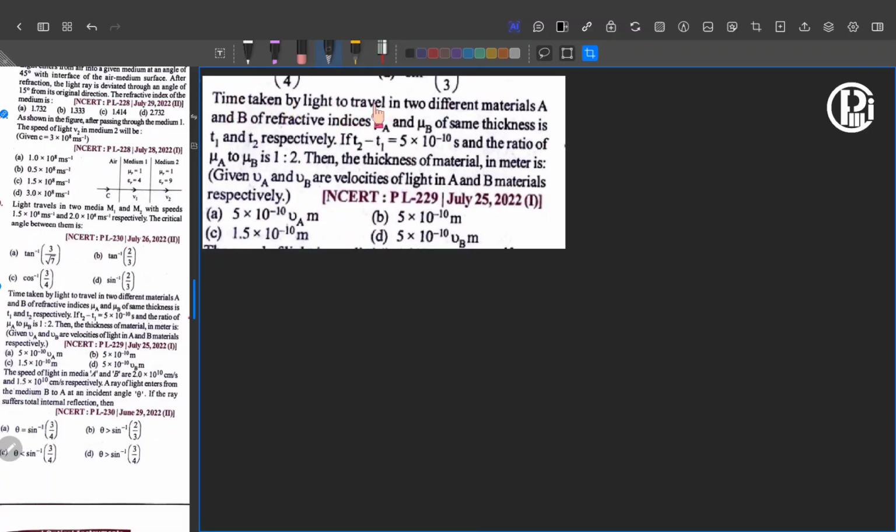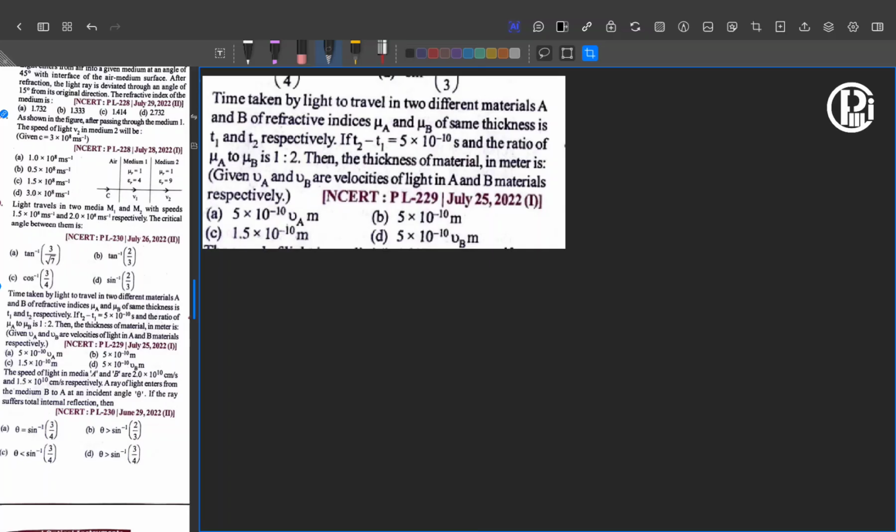The time taken by light to travel in two different materials A and B of refractive index mu A and mu B of the same thickness is T1 and T2 respectively. If T2 minus T1 is equal to 5 into 10 power minus 10 seconds and the ratio of mu A to mu B is 1:2, then the thickness of the material in meters is, we have to find out the thickness, right? So read the question again.